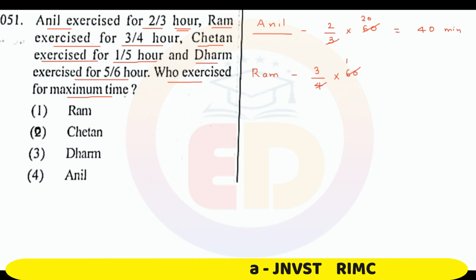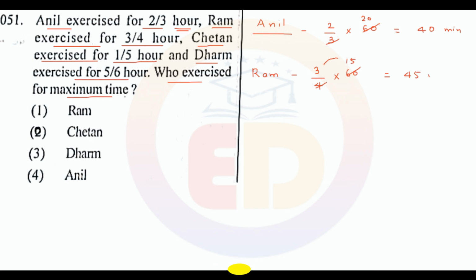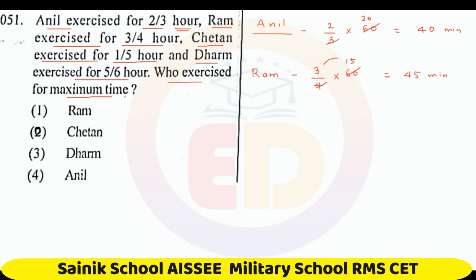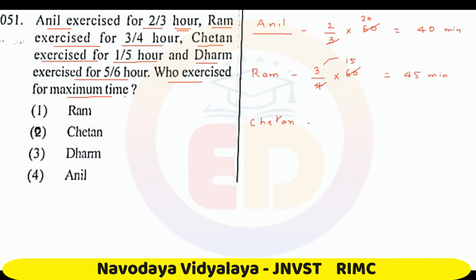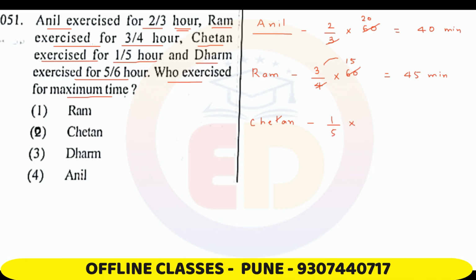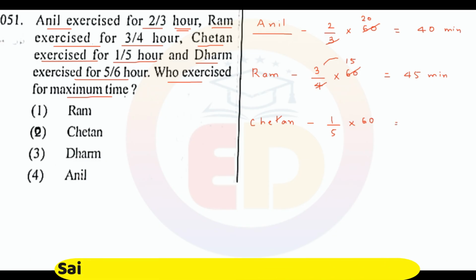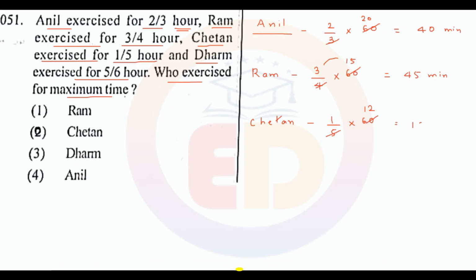It is 15. 3 into 15. Ram exercised for 45 minutes. Chetan exercised for 1 by 5 hour. Convert 1 by 5 hour to minutes. Multiply by 60. Cancel 5 and 60. It is 12. So Chetan exercised for 12 minutes.